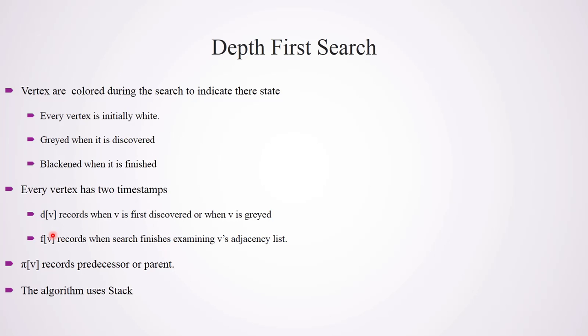In our depth first search algorithm, the input will always be an adjacency list. So before going to the formal algorithm, I will try to explain depth first search with the help of an example. Here we have to find the discovery time of each vertex, the finishing time of each vertex, and the parent of each vertex in the output depth first tree.